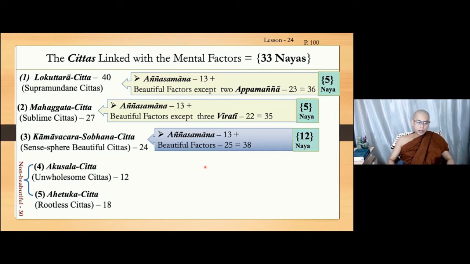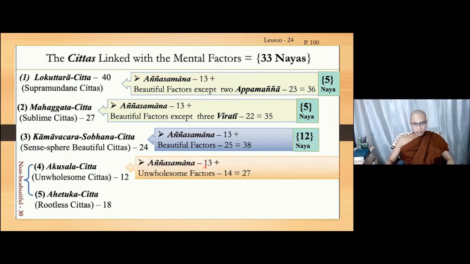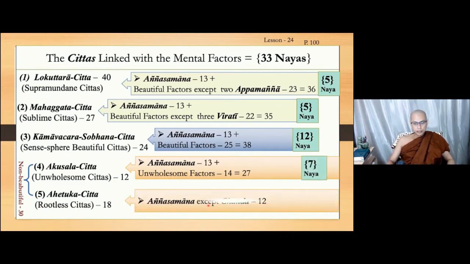When they arise separately, we already counted in the detailed study of the Sangaha Naya. Then Akusala Citta: for the Akusala Citta, only the Annasamana 13 and Akusala factors 14, altogether 27 at most. For the Ahetuka, only 12 mental factors, except Chanda. So if you think about a group of consciousness, you must be able to find how many mental factors.